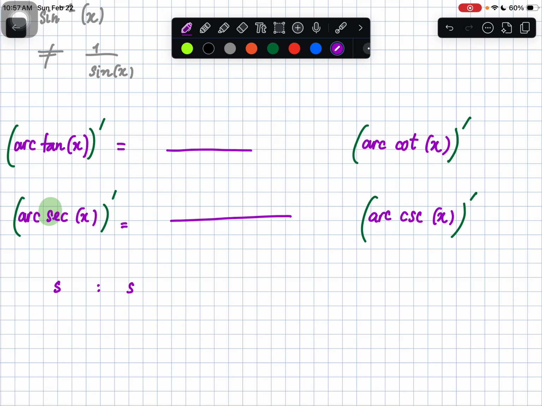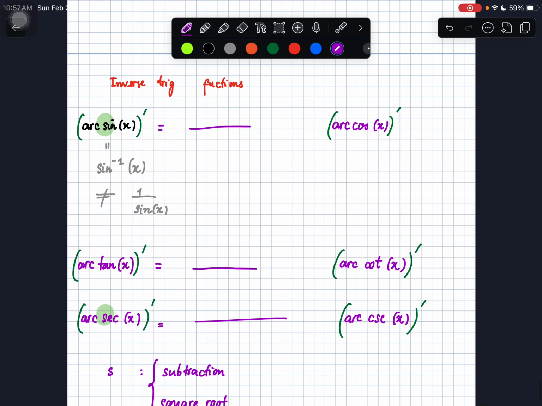S stands for subtraction and square root. So for arc sine and arc secant, we will have subtraction and square root.